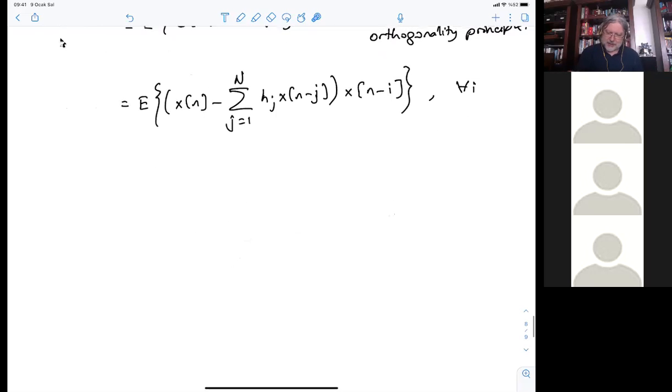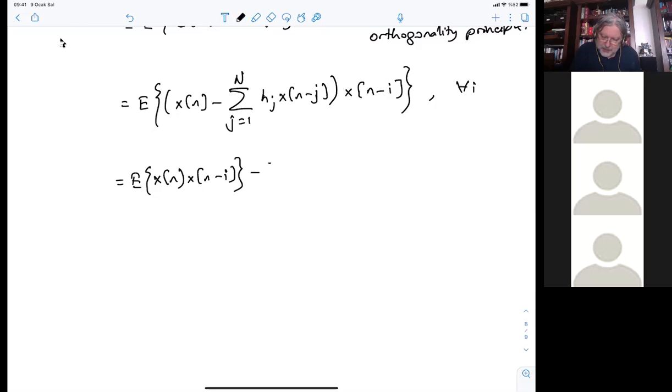But what is this inside the expectation? A close inspection shows that this is x of n times x of n minus i, minus this times x of n minus i. I will write it in a little more detail like this. Expectation of x of n times x of n minus i is one thing here, and minus the summation. I'm going to take the summation out of the expectation, because expectation is a linear operator and summation is also a linear operator.